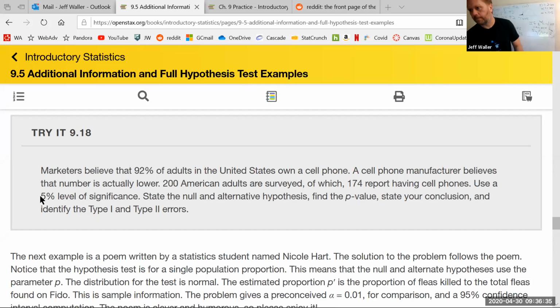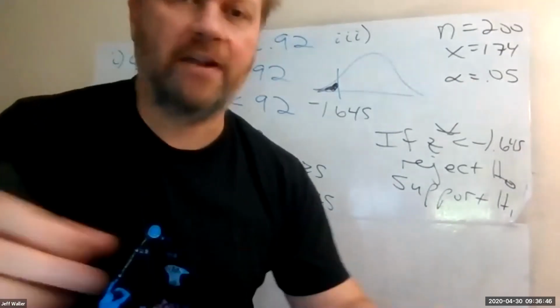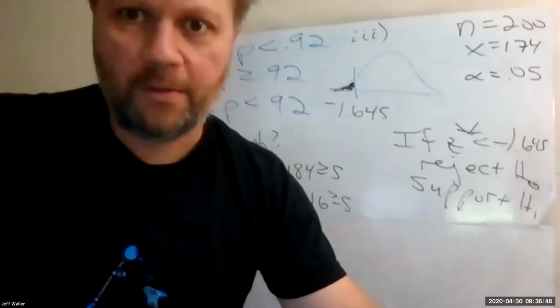Right there. 5% level of significance. Level of significance, another name for alpha. Why do things in math have to have so many names? I don't know. I'm sorry. I apologize. I wasn't around way back.